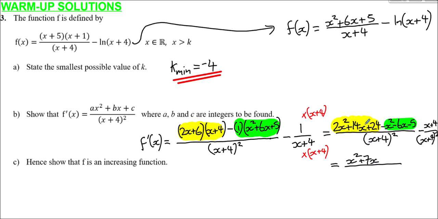And then just purely the constants, I've got 24, then I'm going to minus 5, 24 minus 5, that's 19, minus another 4, that gives 15. So I've got x squared plus 7x plus 15 all over x plus 4 squared. And that's the final answer for this one.